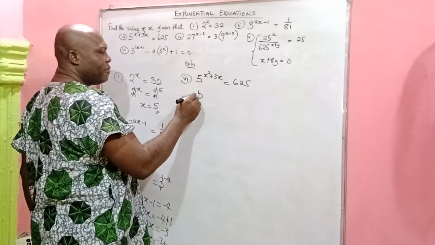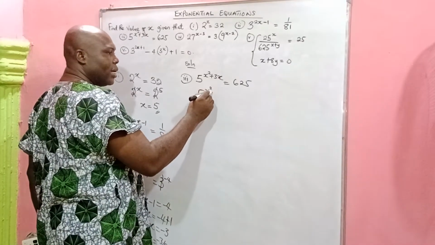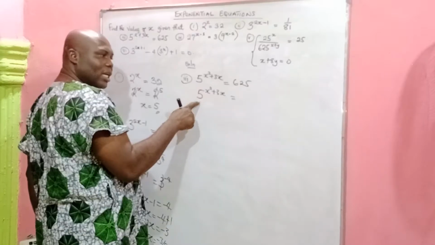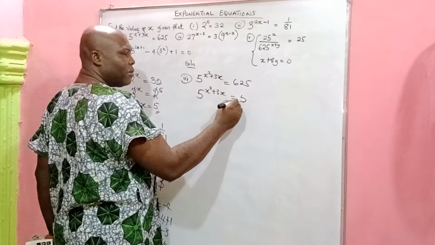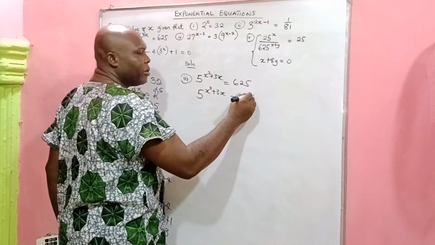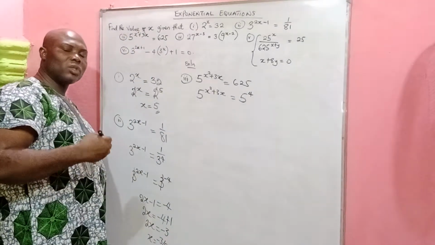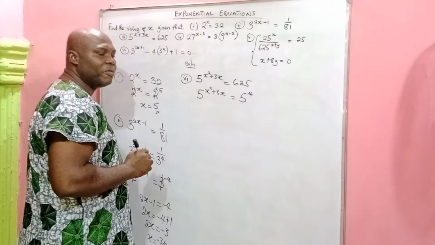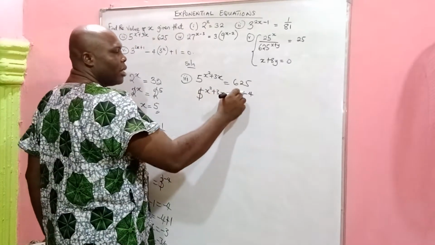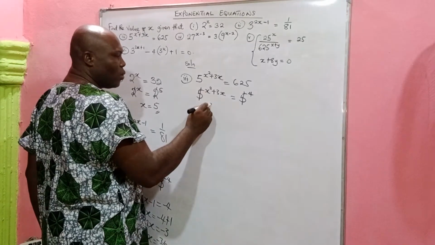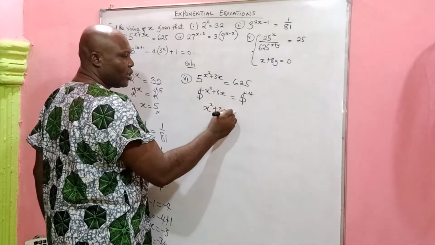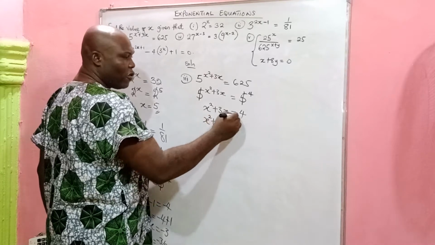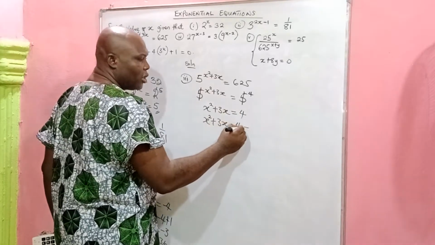So 5 raised to the power of x squared plus 3x will be equal to 625, which will still be the base 5 raised to a particular power, and that will be 4. 5 times 5 times 5 times 5, four places, will give us back 625. At this point, the bases cross out. So we have x squared plus 3x is equal to 4. x squared plus 3x, 4 will cross to be minus 4, equal to 0.